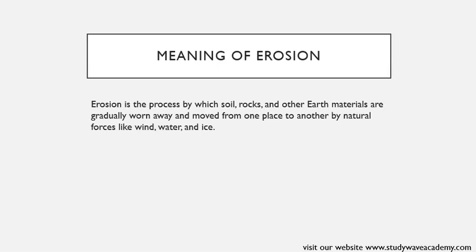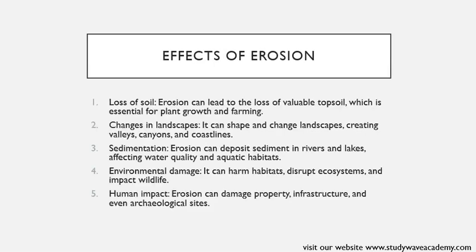So we are going to be looking at the effects of erosion. The effects of erosion. It's referred to the changes and problems that happen because of erosion. It means what happens as a result of erosion. Okay?